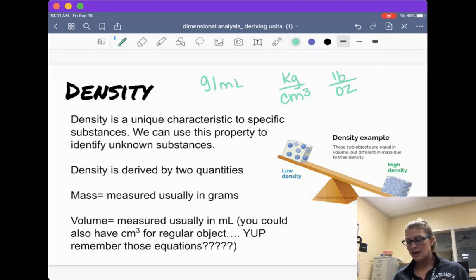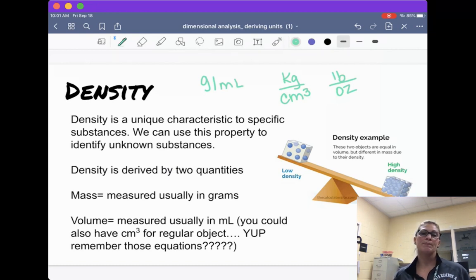Volume, same thing. It is a measured volume. Usually you see it in milliliters if you're looking at a wet substance. We're using like water displacement, and we're using a measuring device like a graduated cylinder.